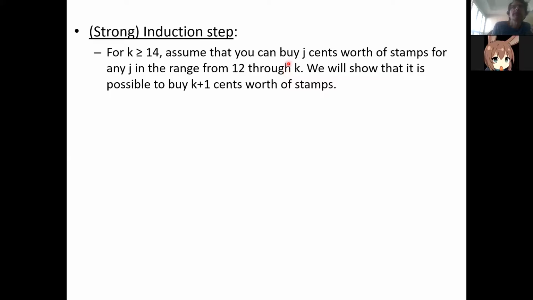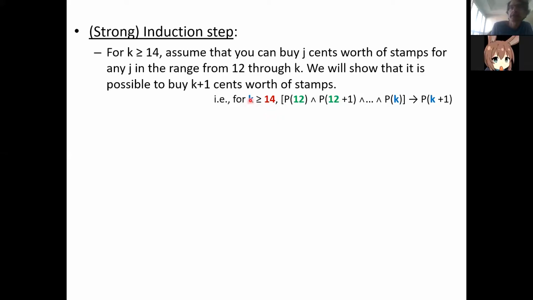The predicate is that j can be expressed using 3-cent stamps and 7-cent stamps. Then we'll show under this assumption that the predicate holds for k plus 1. In other words, k plus 1 can be expressed as a bunch of 3s and a bunch of 7s. So this is the implication you're proving in the inductive step.